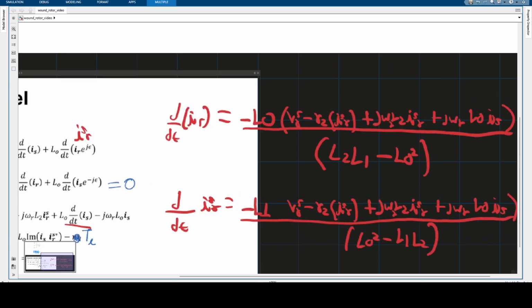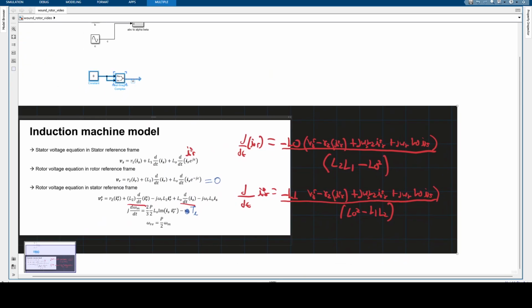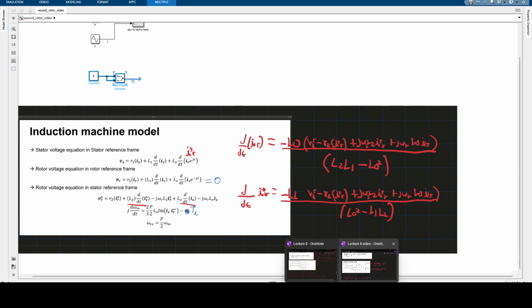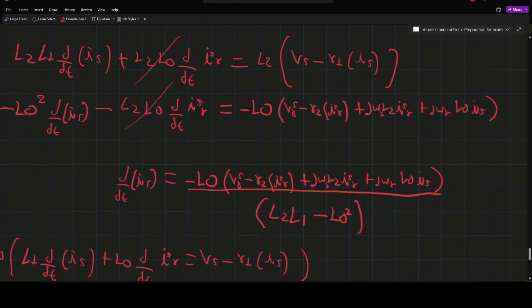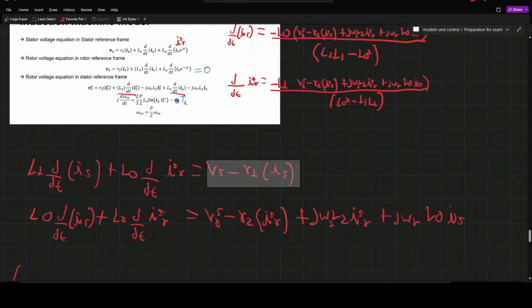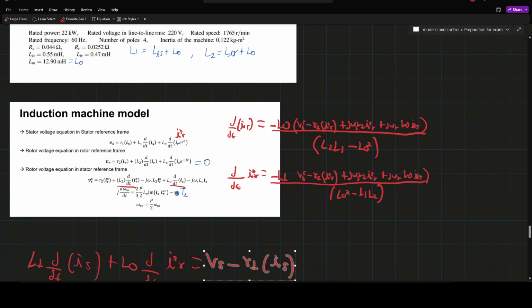Wait, did I copy the same equation twice? Here we have Vs, yes, Vs minus R1. So why do we have here this?